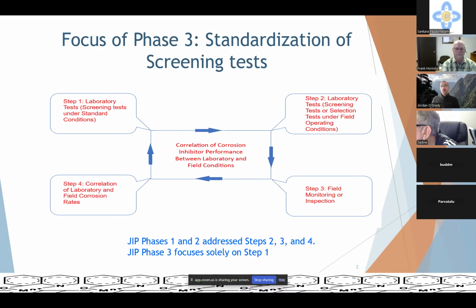We're trying to drive collaboration and consistency between third-party laboratories, service company laboratories, and producer laboratories, ultimately to ensure there's more correlation between laboratory determined performance and field monitoring and determined performance. That's the name of the game here, and that's where we're moving with the JIP as a group.